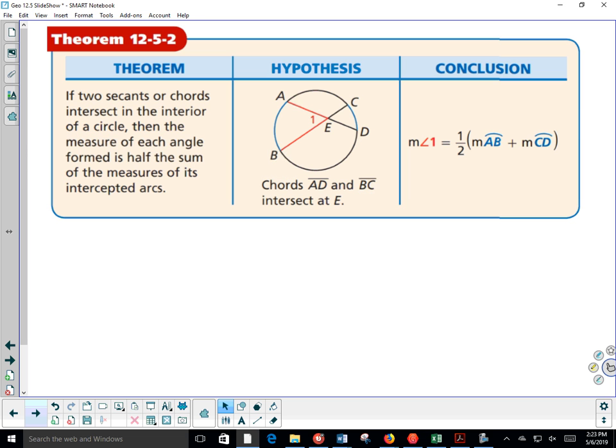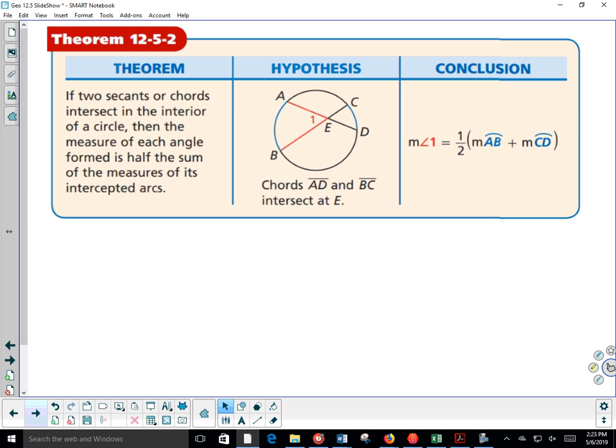All right, here's our next theorem. If two secants or two chords intersect in the interior of a circle, then the measure of each angle formed is half the sum of the measures of its intercepted arcs.